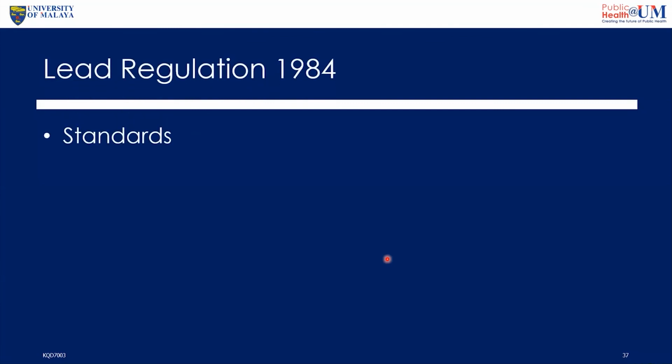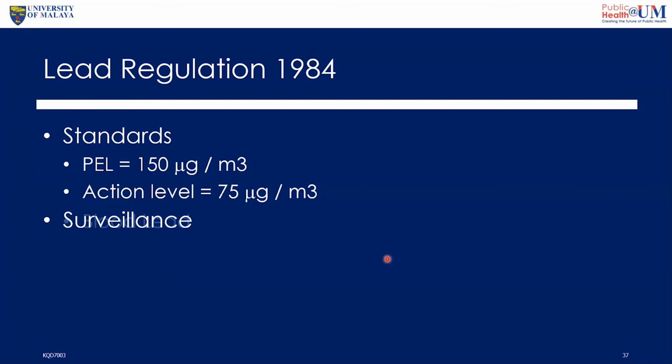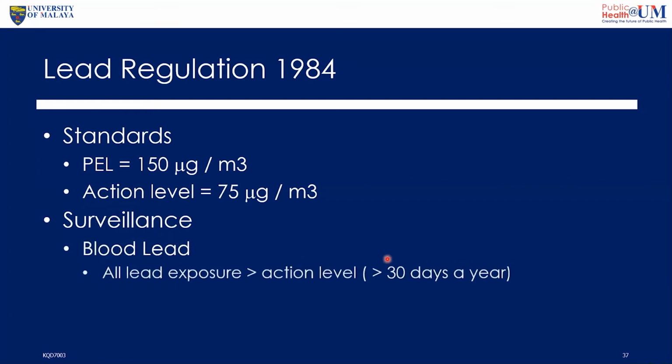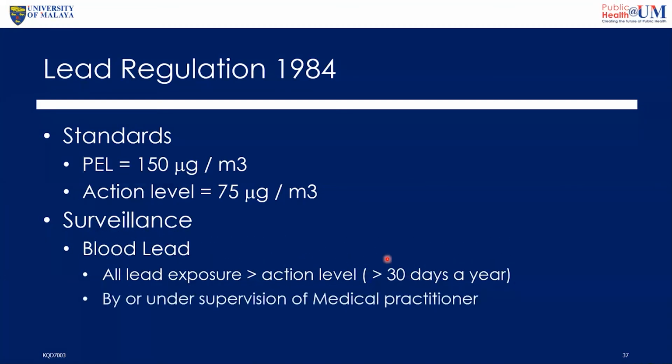All right, the Lead regulation. For the standard, they have a PEL of 150 micrograms per meter cube. Action level, 75 micrograms per meter cube. So surveillance is based on blood lead level, all right? This standard PEL and action level is based on environmental monitoring. So if you monitor the environment and you find that there is 150 micrograms per meter cube, or the action level of 75 micrograms per meter cube, then you need to take action.